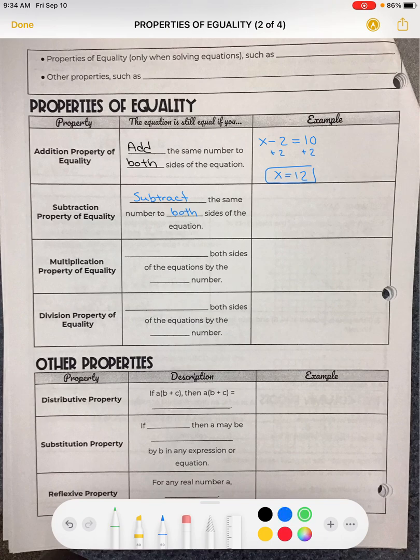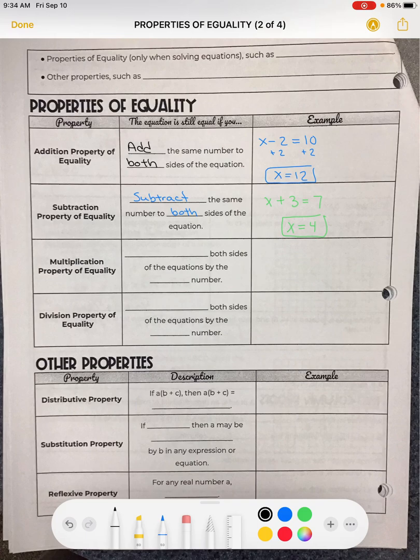Again, an example of that might look like x plus 3 equals 7. And so you had to use the subtraction property to solve. By subtracting 3 from both sides, you would get x equals 4. So that was subtraction property.